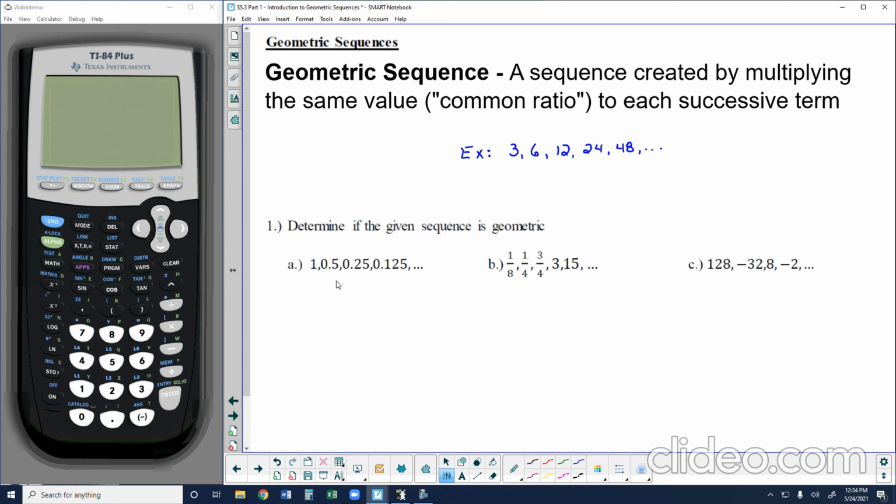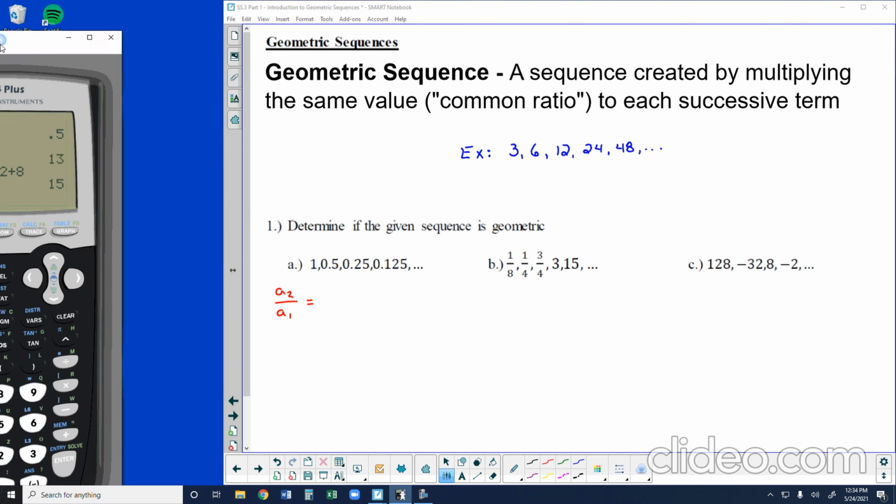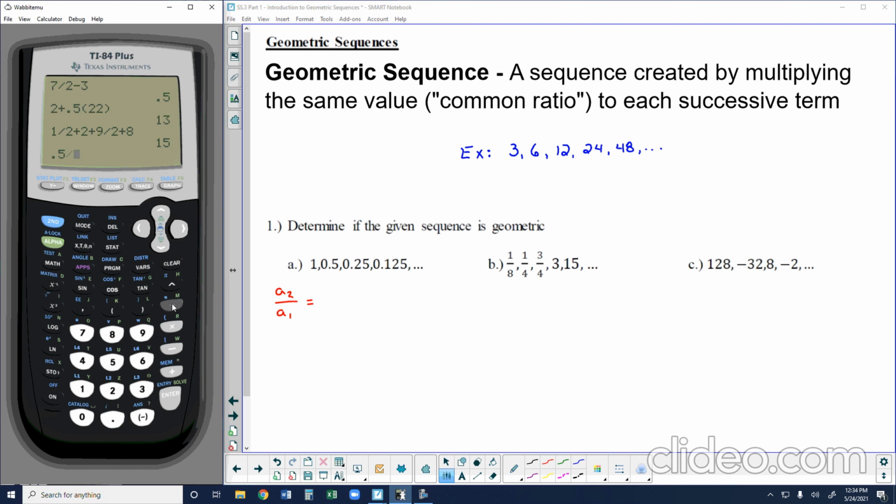So what I'm going to do here for problem number 1A is take A2 and divide by A1. You can do this in your calculator if you'd like: 0.5 divided by 1, which is 0.5 or 1/2. And then I could do this again.